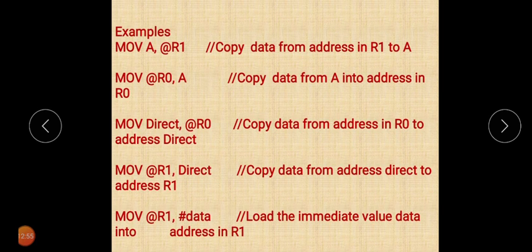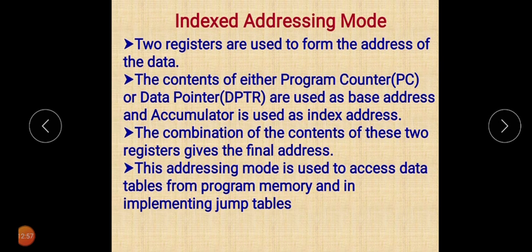Then we move to the last addressing mode, that is indexed addressing mode. Now in this indexed addressing mode, we use two registers to form the address of a data, and the data in these two registers is combined to form the address of a memory location.